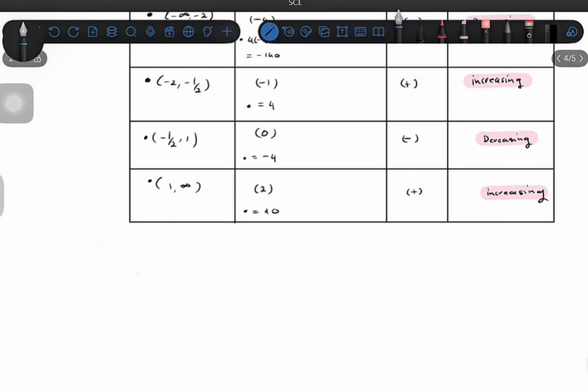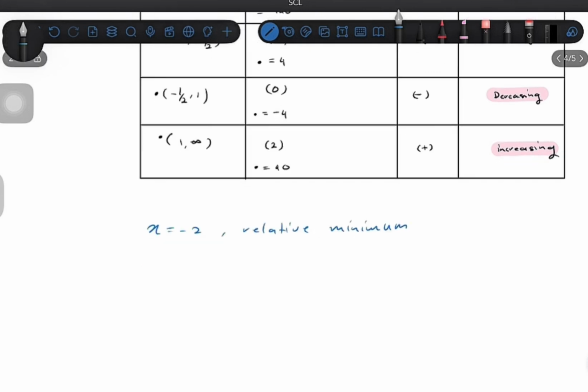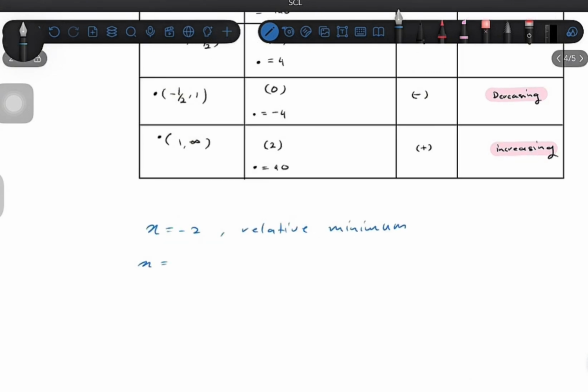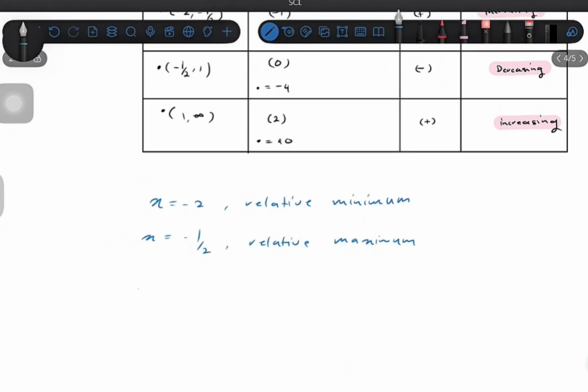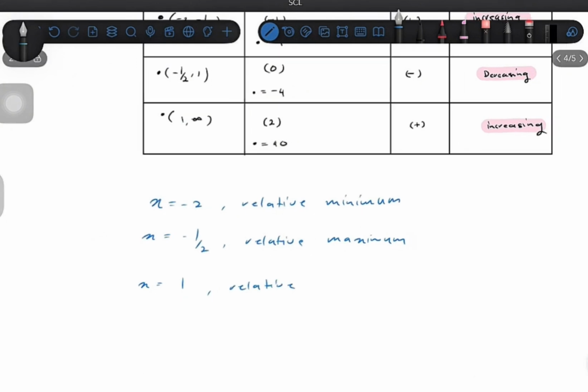By this table, we can see that x equals negative 2 is a relative minimum, x equals negative 1 over 2 is a relative maximum, and lastly, x equals 1 is a relative minimum.